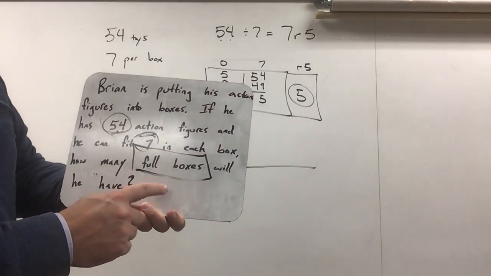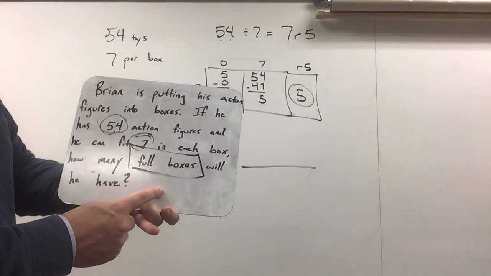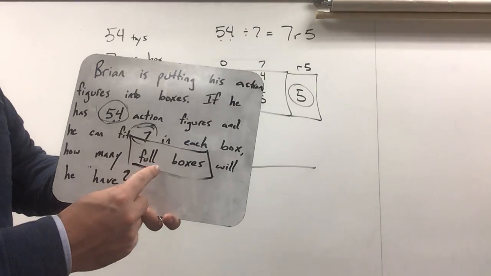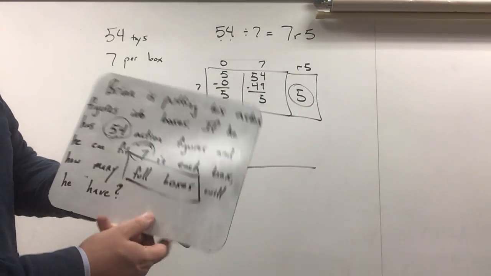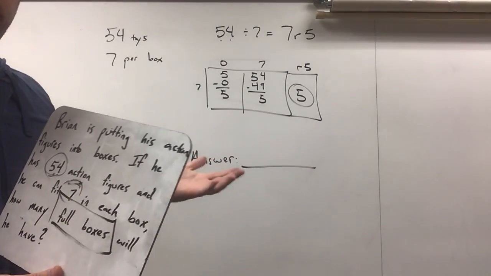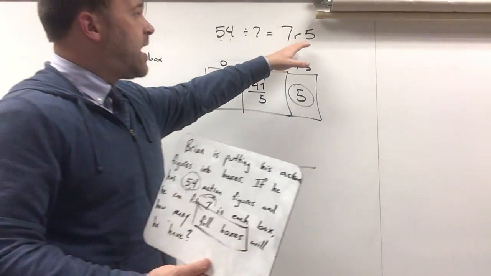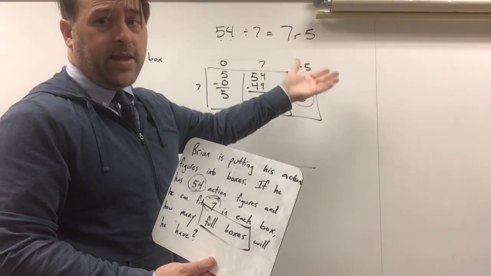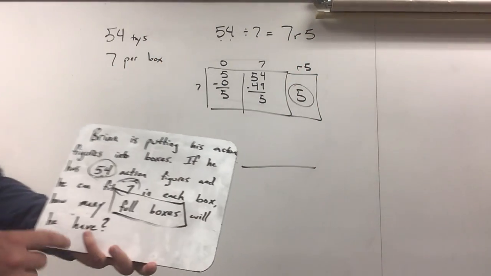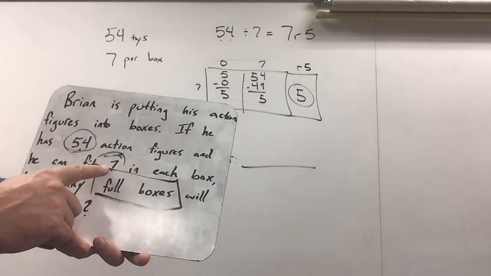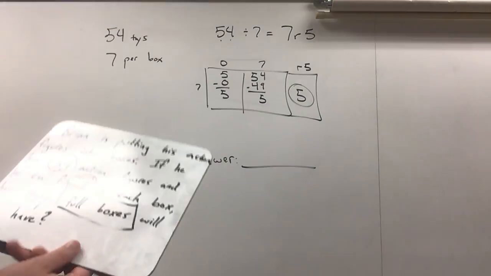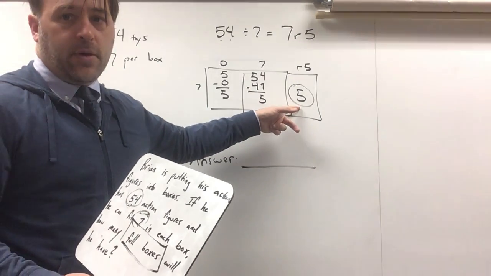No. He is going to have a few left over. So there's a lot of different ways you can think about this. How many full boxes is he going to need? Well, he's going to have 7. How many actual boxes will he probably need to fill up? Well, these guys are going to need to be in a box, so they'll probably be the 8th box, right? Or the question could be, if you put 7 in every box, how many will be left over or remaining? That would be 5, okay?